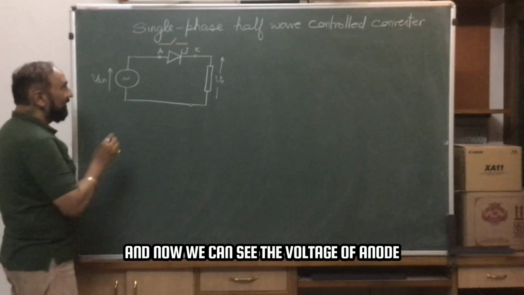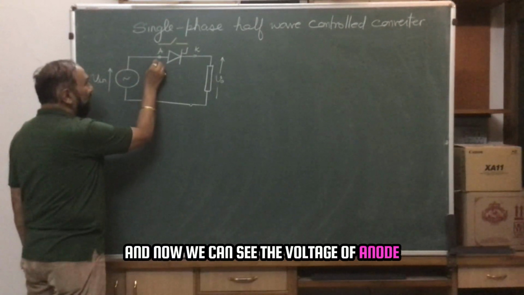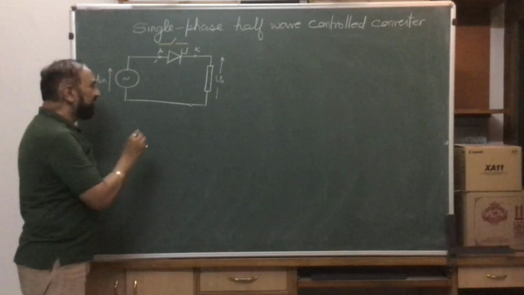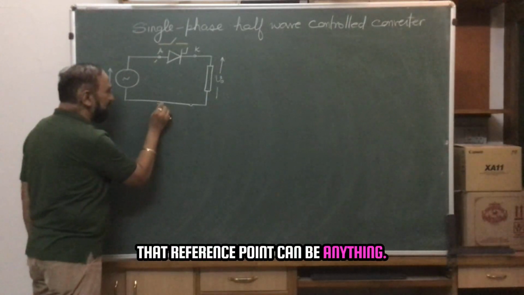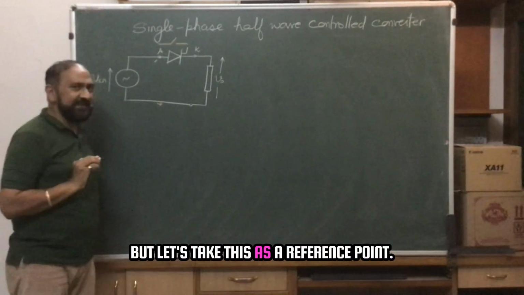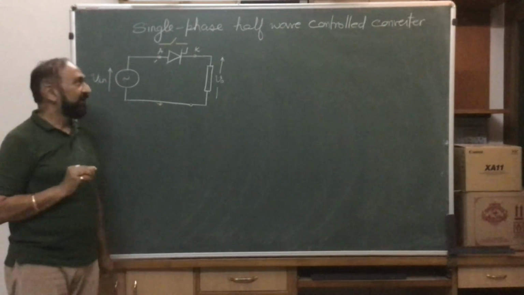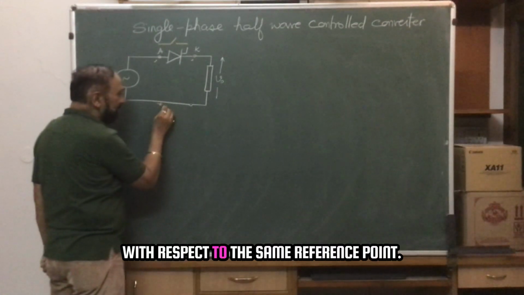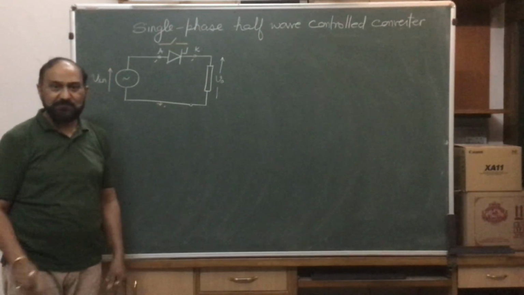Now we can see the voltage of anode with respect to some reference point. That reference point can be anything, but let's take this as a reference point. We can find out the voltage of cathode with respect to the same reference point.